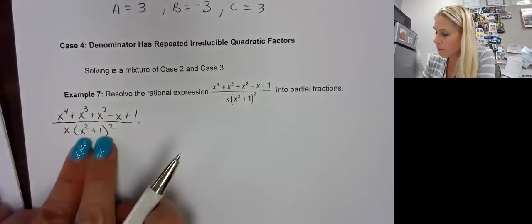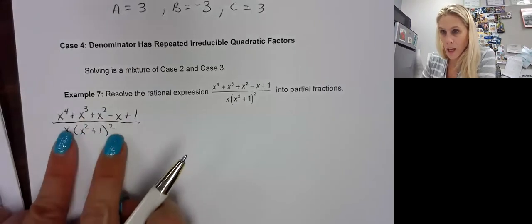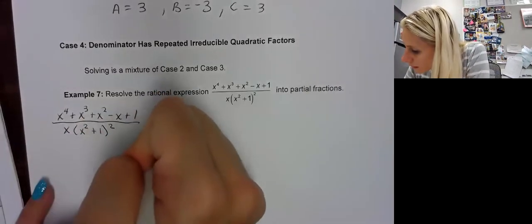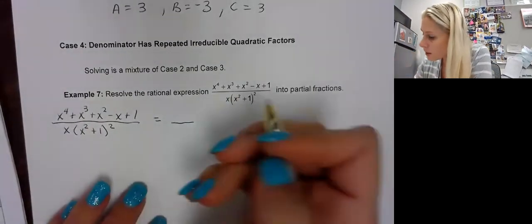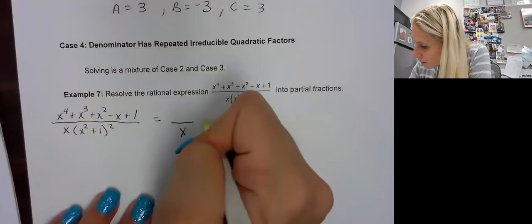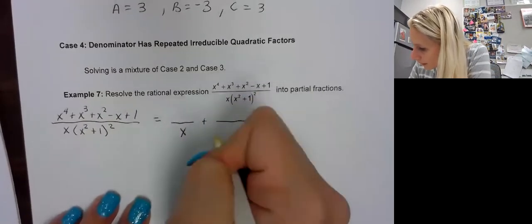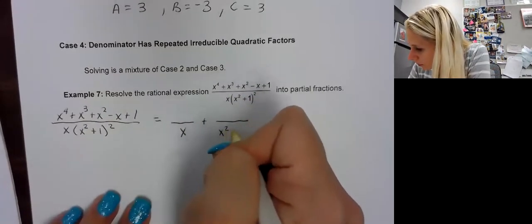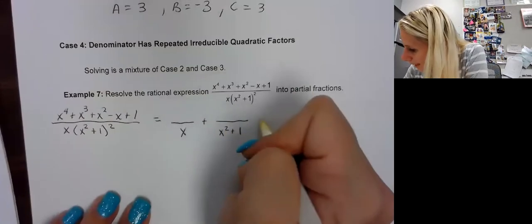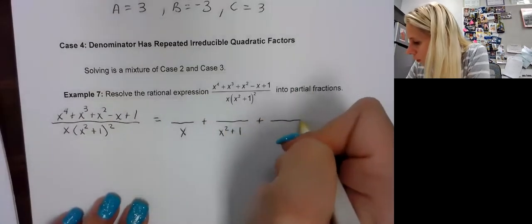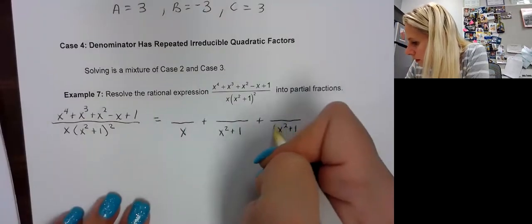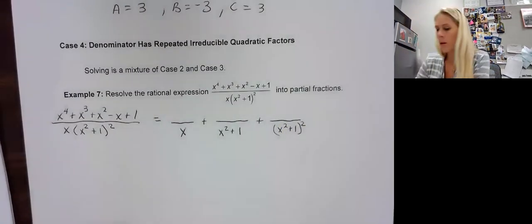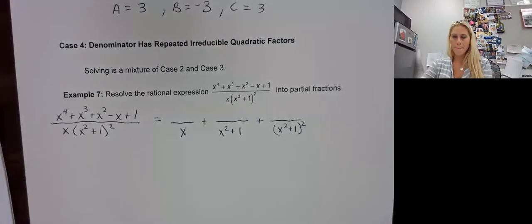That means there's going to be 2 of these, the inside and itself. So we have, again, I'm going to put down the bottom first. We have x plus. Then we have the inside, which is x squared plus 1. And then we have the outside, or itself, which is x squared plus 1 squared. You guys see that?